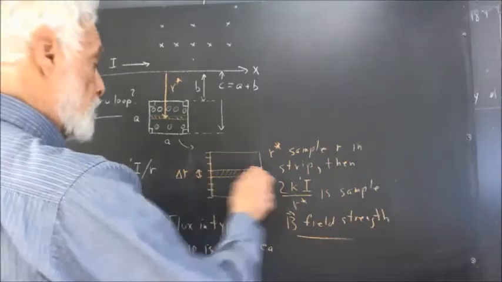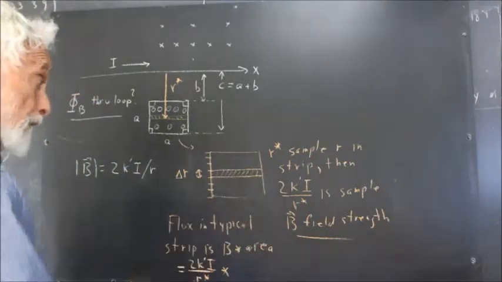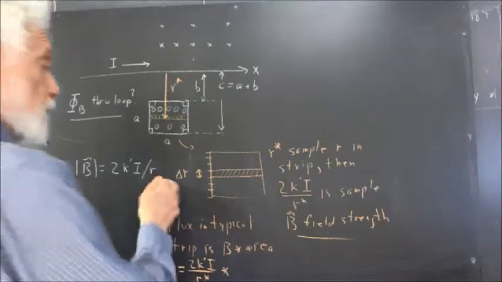Well, the length of the strip is A, the length of an edge of the square, and the width is delta R.